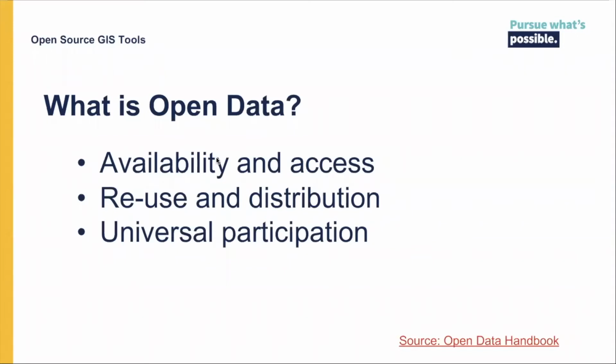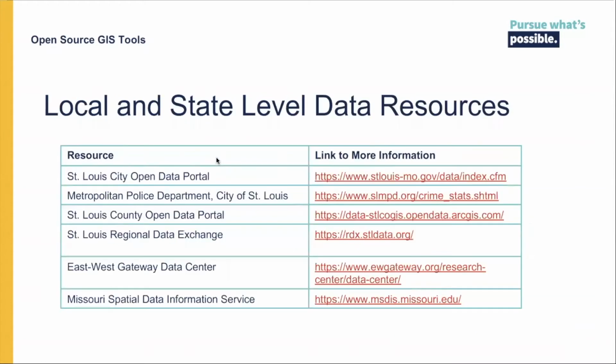So now I'm going to go over, again, there are so many of these data resources, but I'm going to focus on local and state level data resources and then some national ones. The first one that might be of interest is the St. Louis City Open Data Portal, in which you can get spatial information, in the context of GIS, like city boundaries, parks, neighborhood and ward boundaries, and so on.